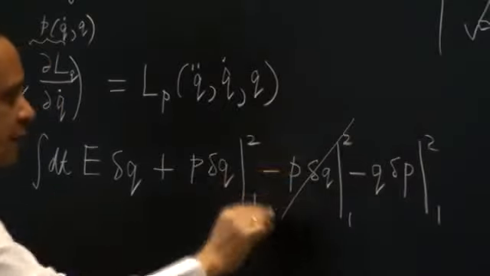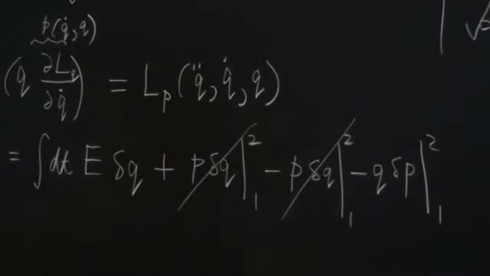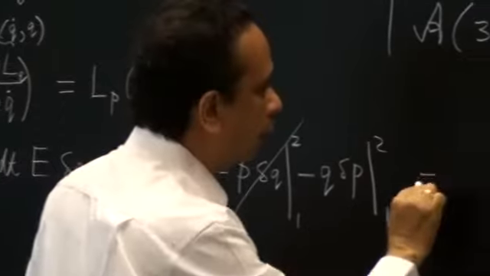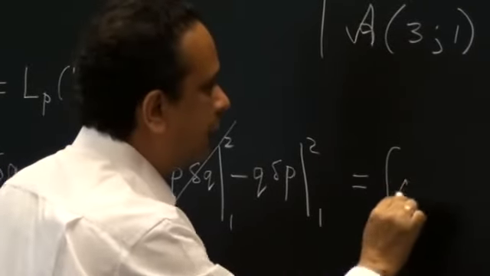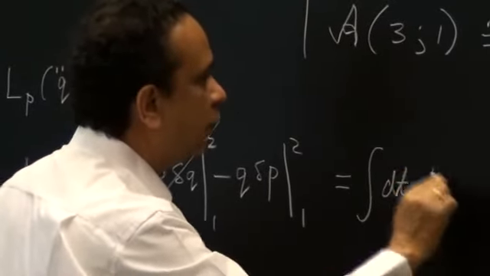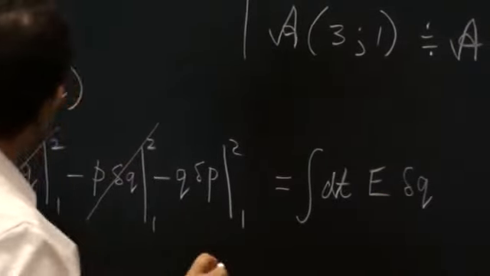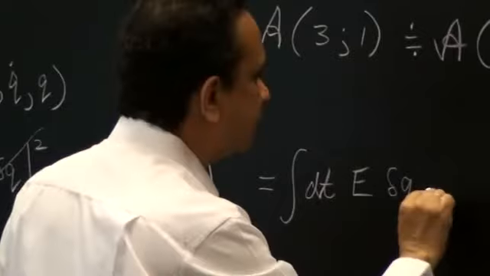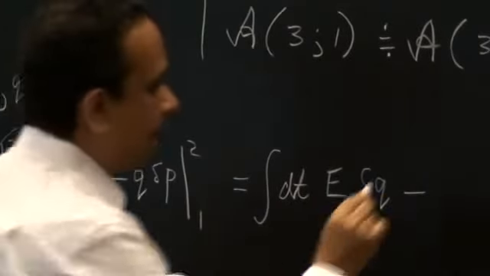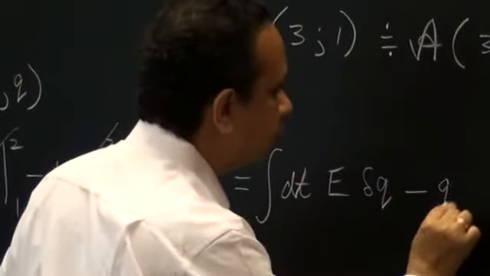So these two things nicely cancel out, leaving you with the integral of dt, the standard Euler function delta Q, minus Q delta P.